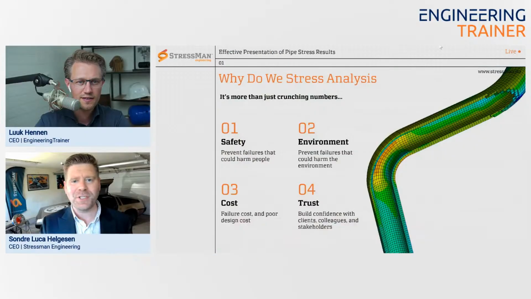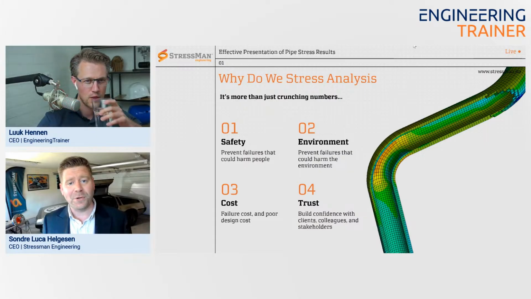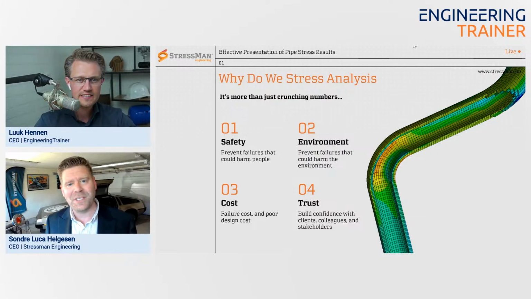Of course, it should be pretty obvious why we do pipe stress, but I feel it's good sometimes to just think about it. Why are we actually doing this? Because we get so used to it. And of course, the main priority number one is safety. We want these piping systems to be safe for the people around them. It's not only the people working in the plants, right?